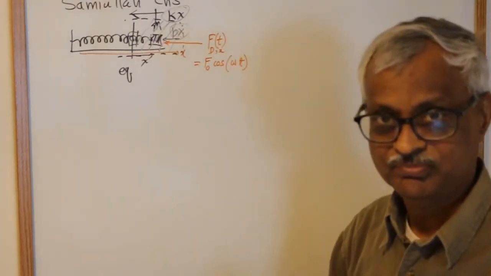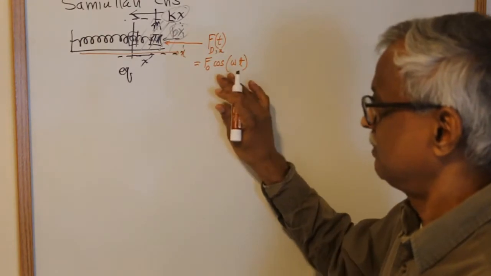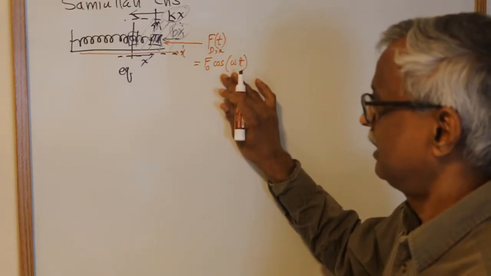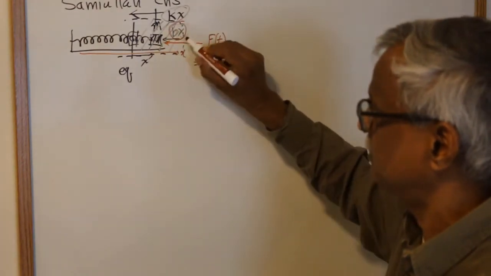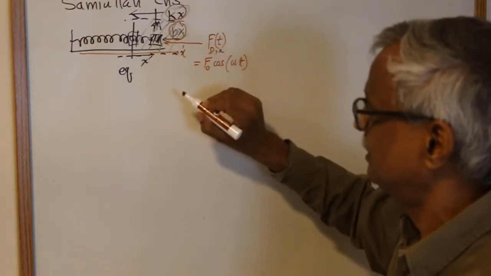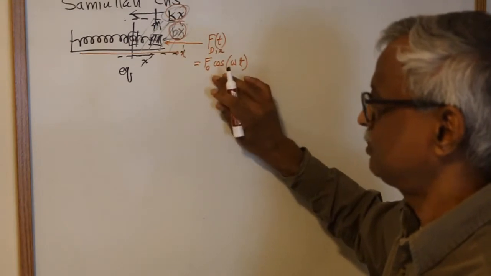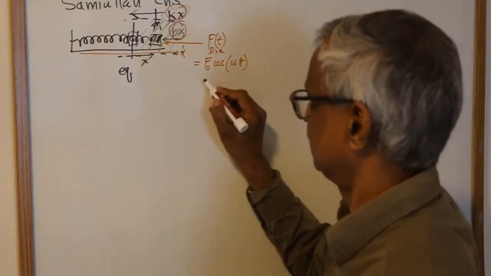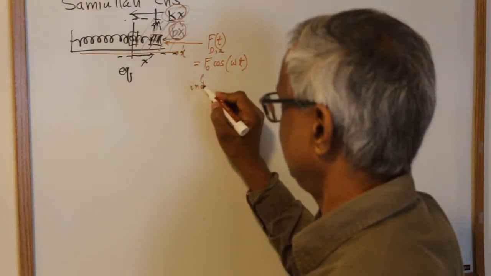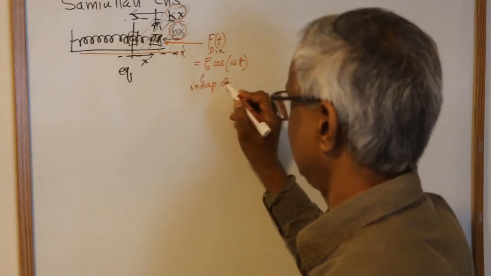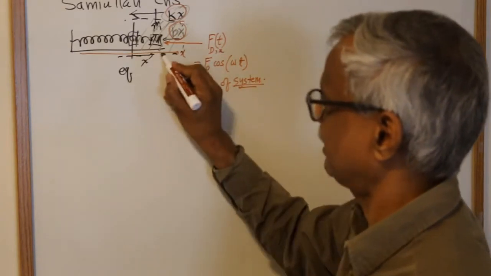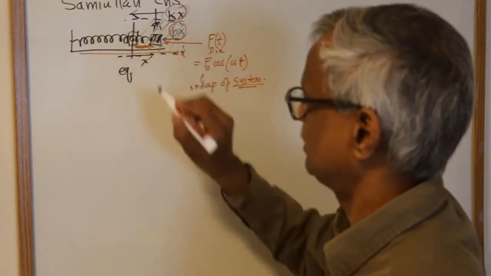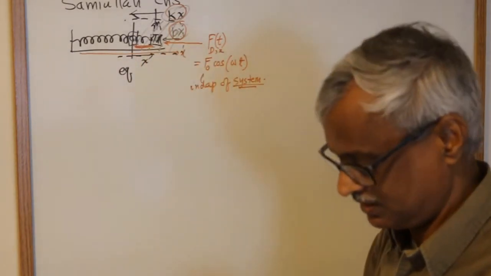Unlike these other forces, which depend on x, this one is independent of x. So this is independent of the system. The x variable is telling me what the system is.